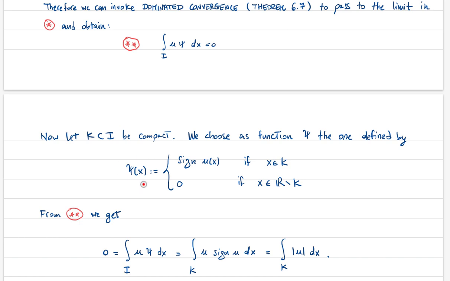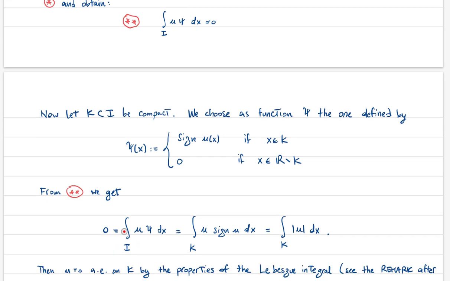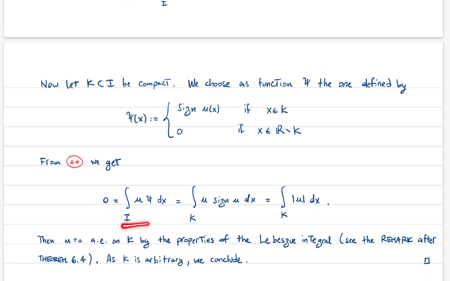Therefore this function must satisfy condition 2, because psi belongs to L infinity, and the support is given exactly by k, which is contained in I. So psi is L infinity and compactly supported in I. Therefore from star we get that the integral of u against psi is 0.